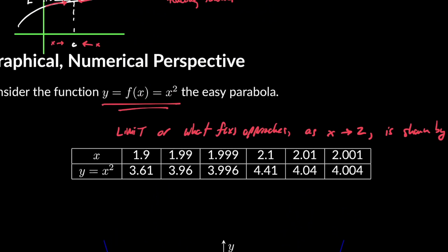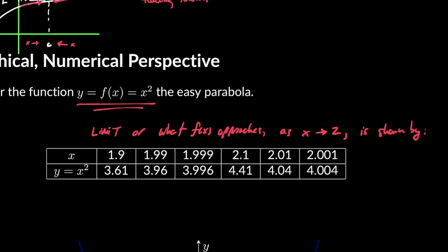How do I approach a value x equals 2 to see what's happening with a table? Well, I'd start with plugging in values like 1.9, 1.99, 1.999. You see how we're getting closer and closer to 2? And then see what the output says. The output's 3.61, 3.96, 3.996. Seems like it's getting closer and closer to the value 4 without hitting it, right?